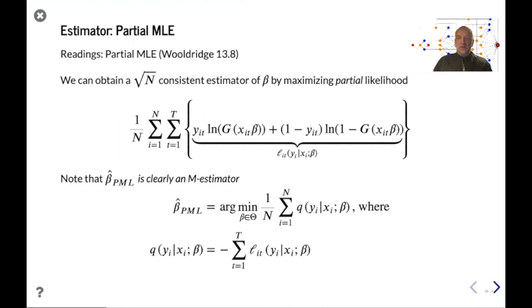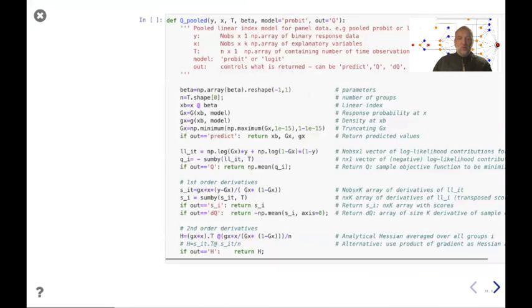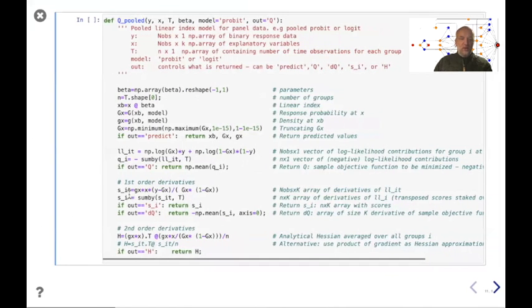And then for the derivatives, these are also calculated. The first order derivatives are the same as last time, except that now we're summing those over all the different time periods. These are just simple high school rules of differentiation. The derivative of a sum is equal to the sum of derivatives. So that's trivial. The same applies for the second order derivatives.